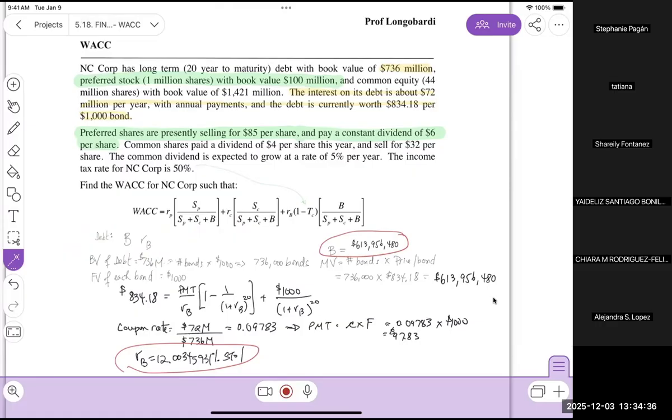Okay, good. Okay, so how are we going to get SP and RP? So let me take all of this and move it. I'm going to put it somewhere.